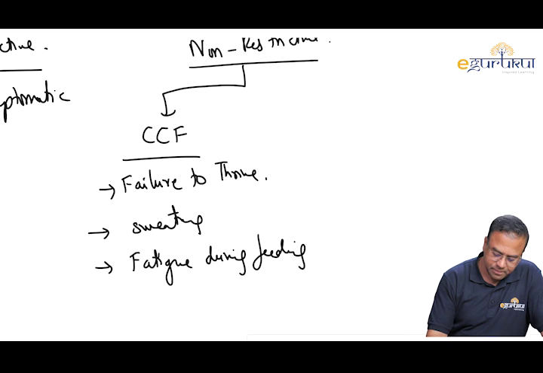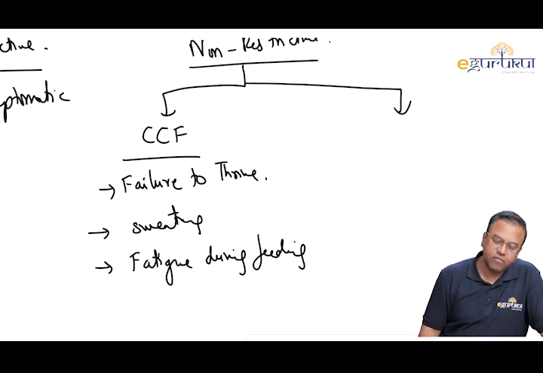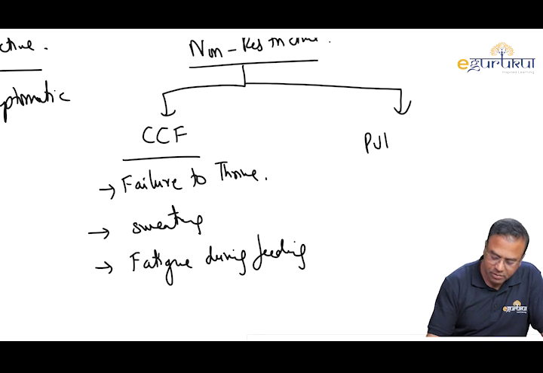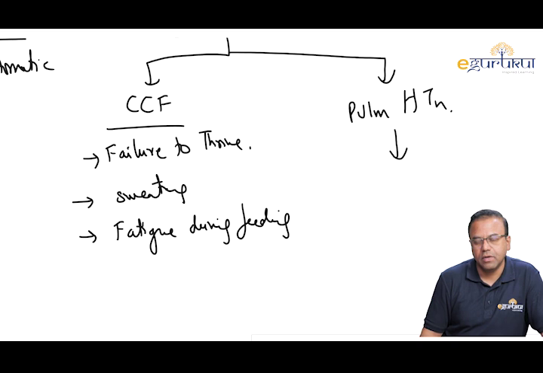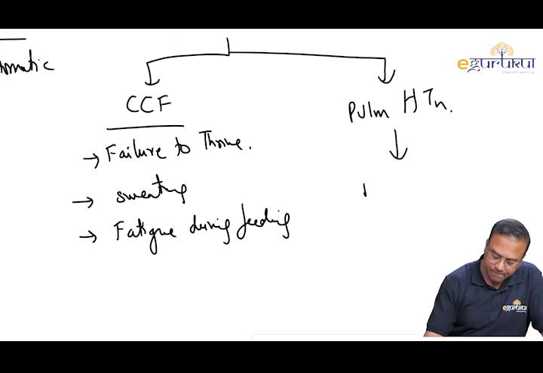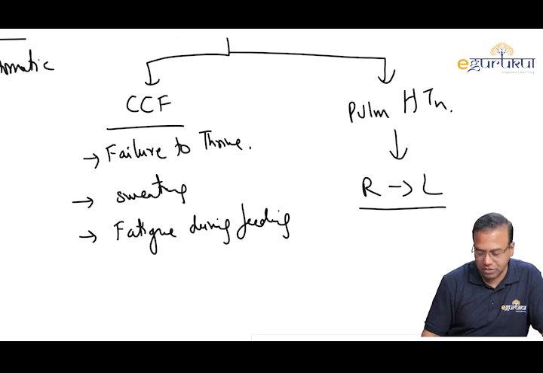Also, non-restrictive VSDs are more prone to developing pulmonary hypertension, and eventually the pulmonary hypertension will result in a reversal of flow, and that reversal of flow will cause a right to left shunt, which we refer to as Eisenmengerization.